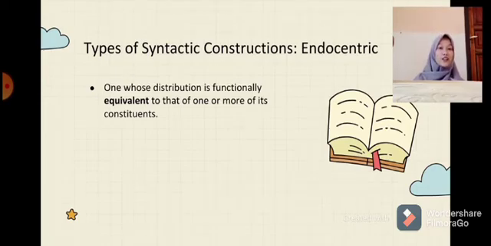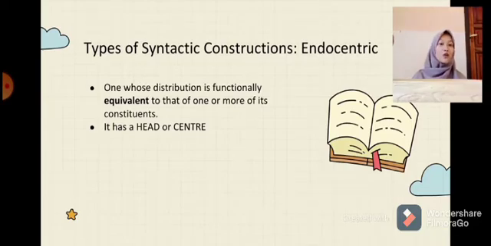In endocentric construction, the primary constituents are comparable to the complete construction. It has a head or center. One of the words that links the other words syntactically, we usually call it a head.